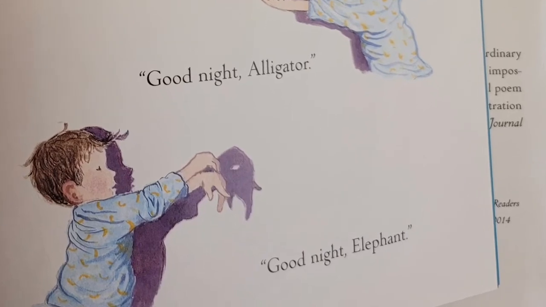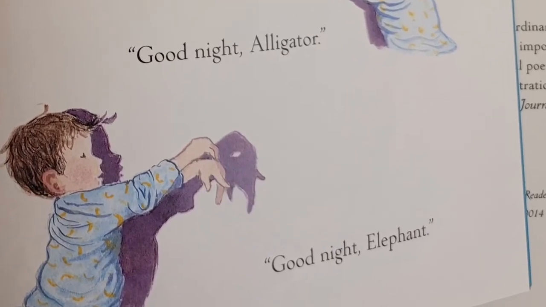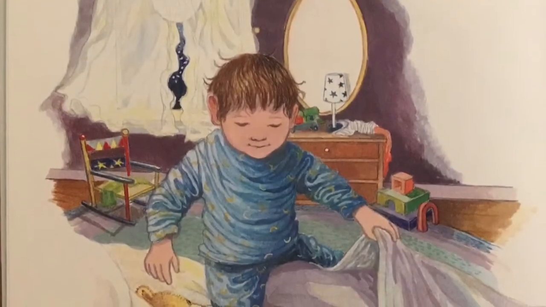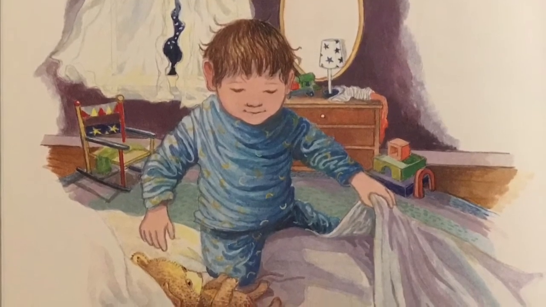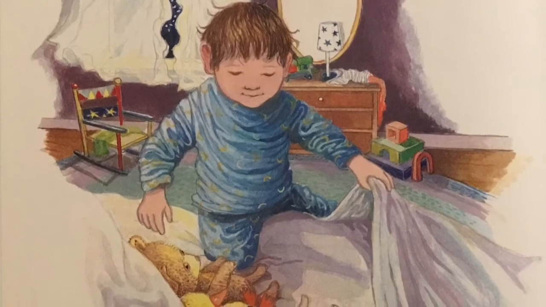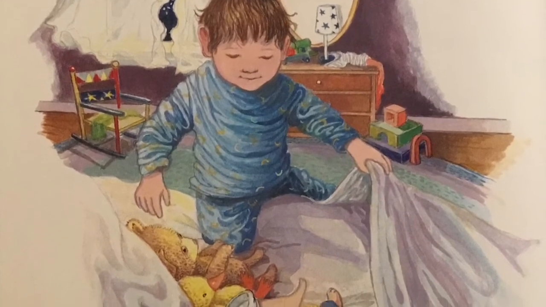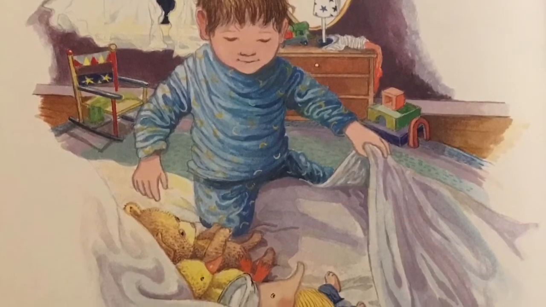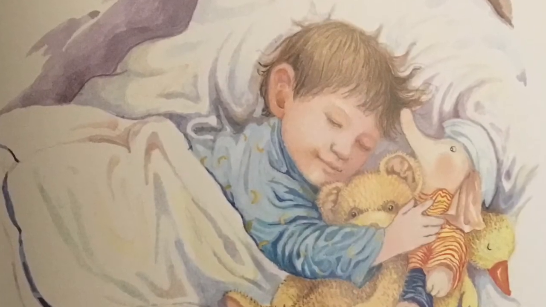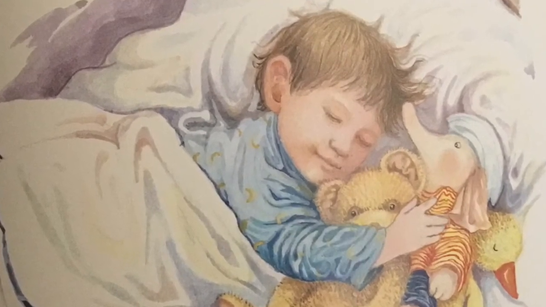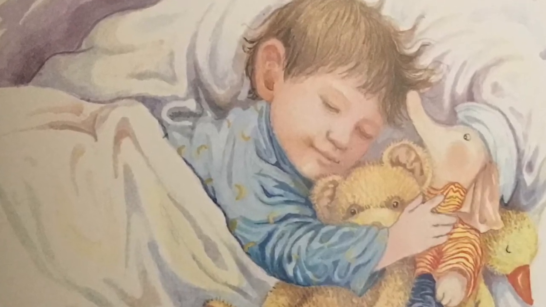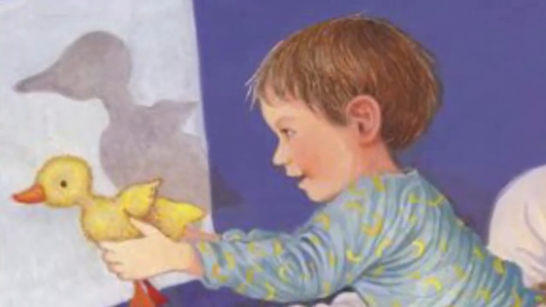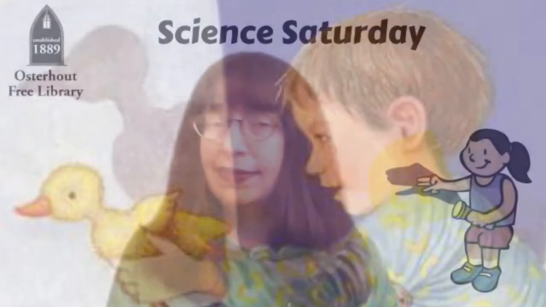Good night, elephant. Then James slipped out of bed and closed the curtains. They blew, flip, flap. James heard them whisper, shh, as he crawled into bed. And James fell asleep, fast asleep. Shh. The end.